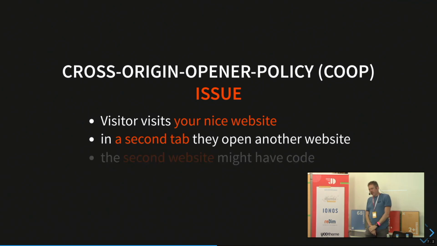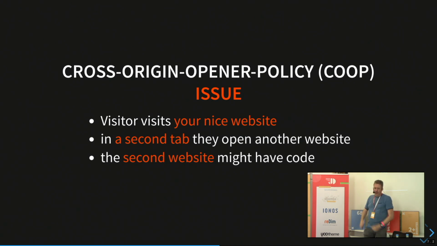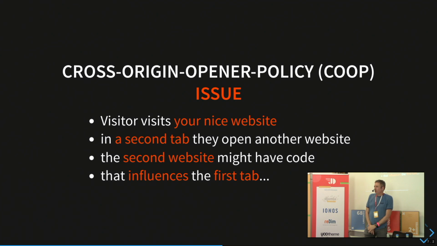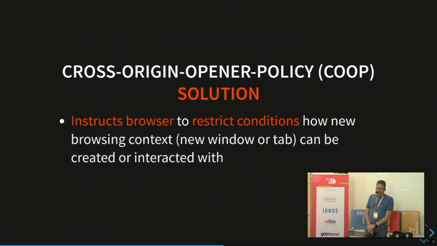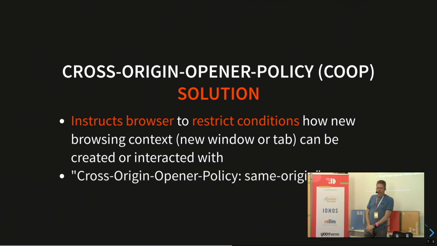In your new website, maybe there's some weird code that does something with the first tab. You don't want that. I think modern browsers are more protected against this kind of stuff, but the best way is to restrict this behavior. So on your website, you use the HTTP header so that it doesn't allow other tabs to communicate with it. It's called Cross-Origin-Opener-Policy, same-origin.